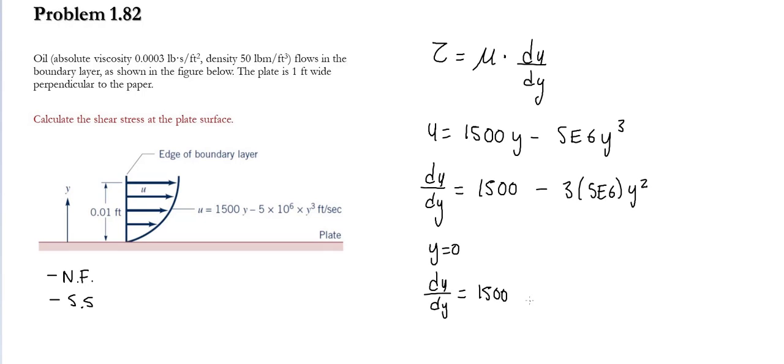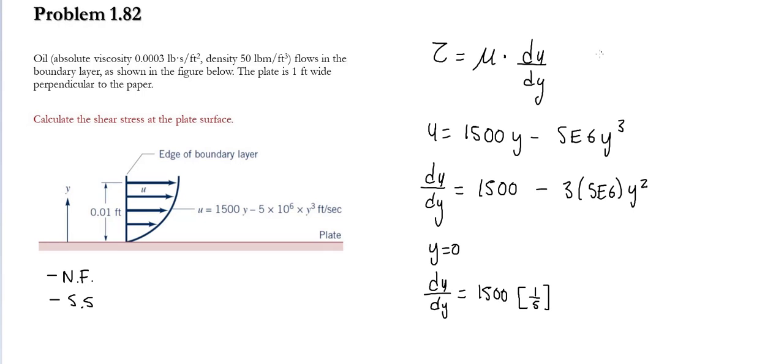So it's basically 1500. If we keep track of the units, notice that we have feet per second. We divide it by feet since we're taking the derivative, so the unit of this is equal to 1 over second.